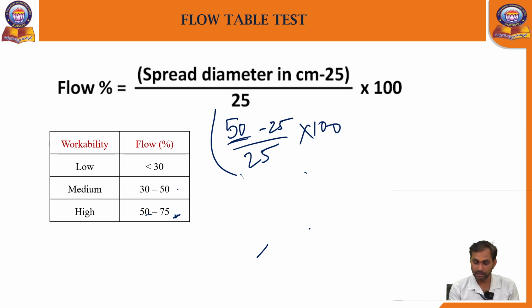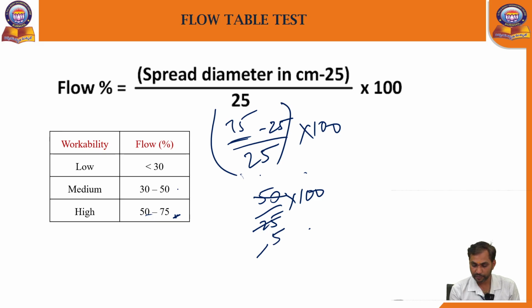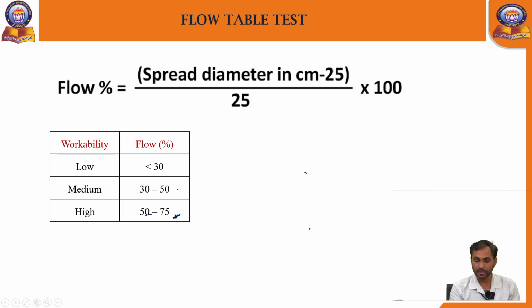If you got 75, how much? 50 by 25 into 100, which is 200. Very high. So depending on the measuring, we will get a range of values.